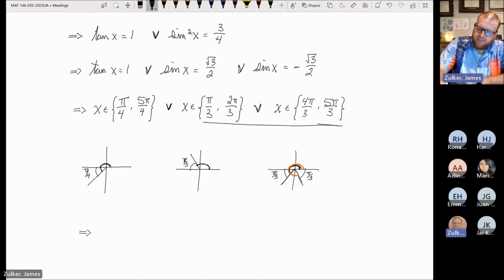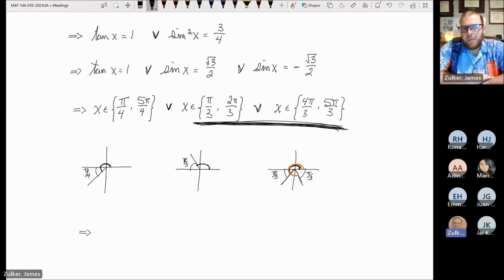So look at those two sets. Do all of those values fall in the domain of tangent?